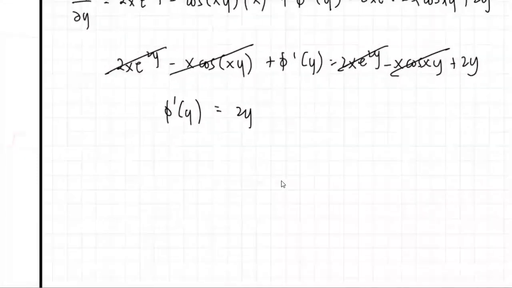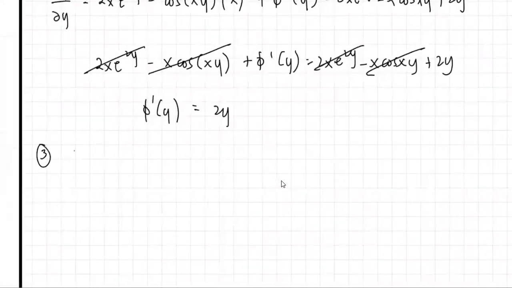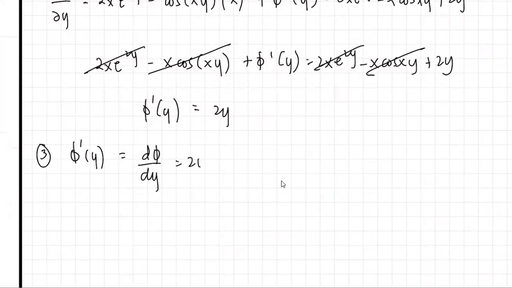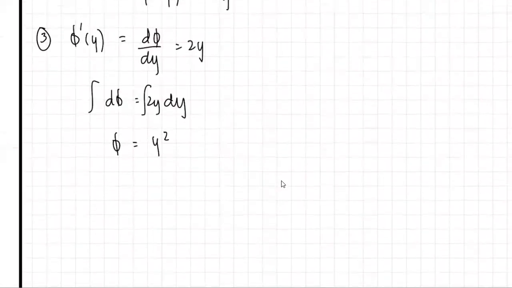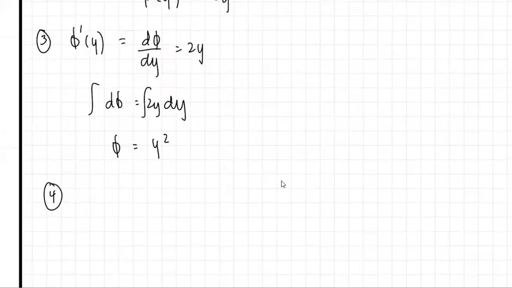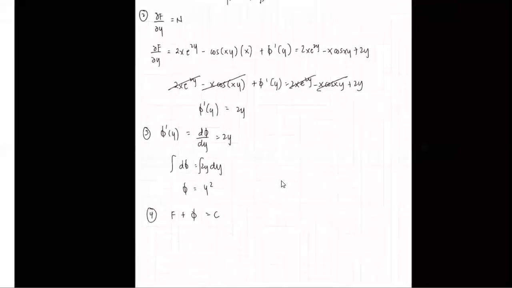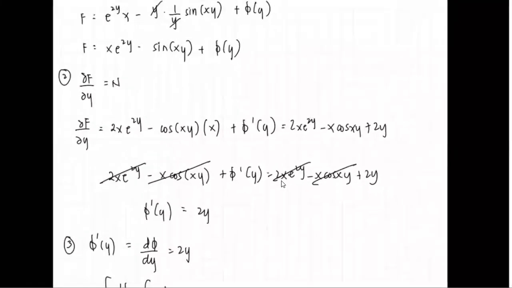Third step is, so si phi y natin is equals to d phi over dy equals to 2y. Okay, so magiging d phi is equals to 2y dy. Integrate natin, this will be phi is equals to y squared. Okay, so yung fourth equation natin will be f plus phi is equals to C. So yung f natin is ito.